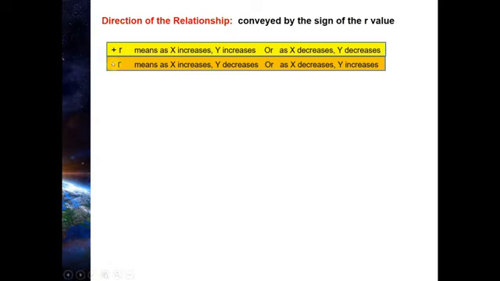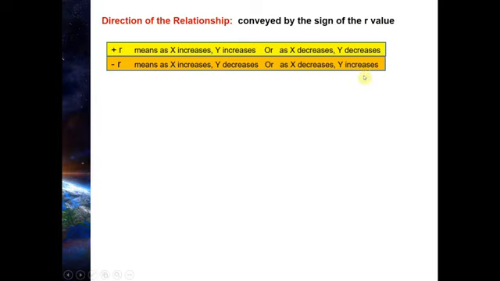On the other hand, if you get a negative R value, it means X and Y are moving in opposite directions. So there's two possibilities. You could look at it this way and say, as X increases, Y decreases, or as X decreases, Y increases. All right?